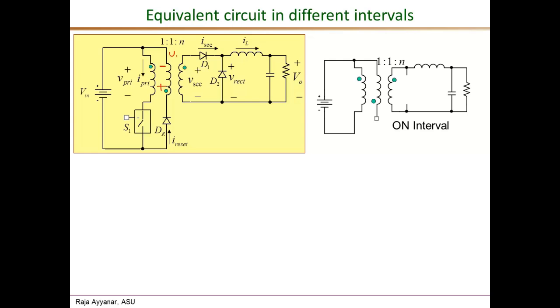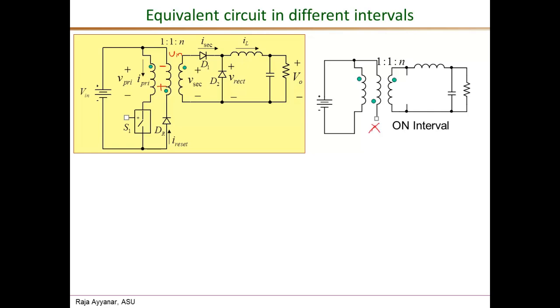This end is already at Vn, and Vn plus whatever is induced voltage, which is positive, is going to be the voltage across the reset diode. If the turns ratio between primary and reset, as indicated here, is 1:1, then the diode is reverse biased by 2 times Vn, one Vn here, another Vn induced in the reset winding. So the reset diode is not conducting, so that is open here.